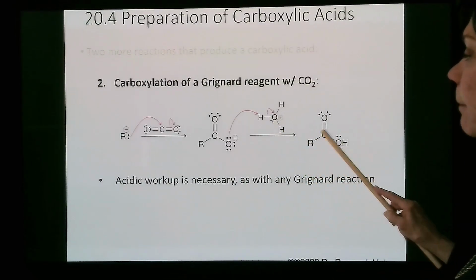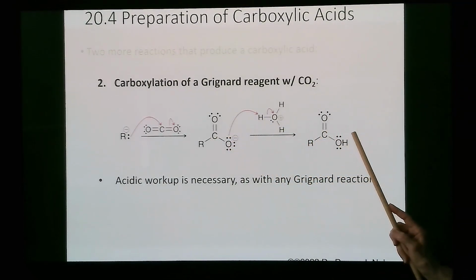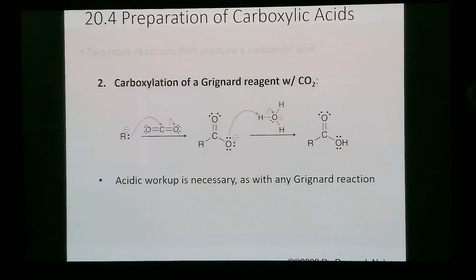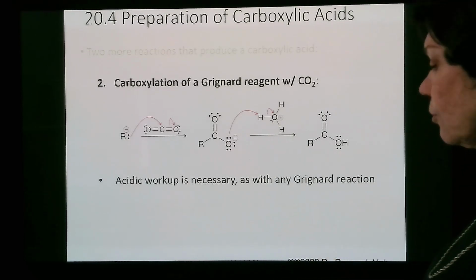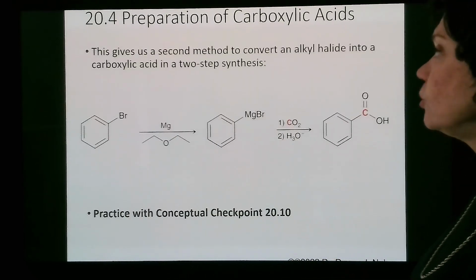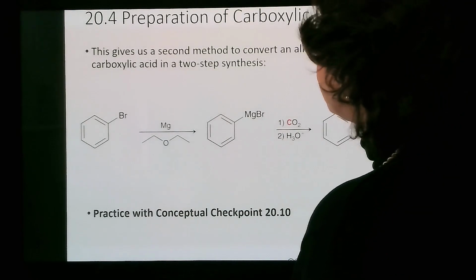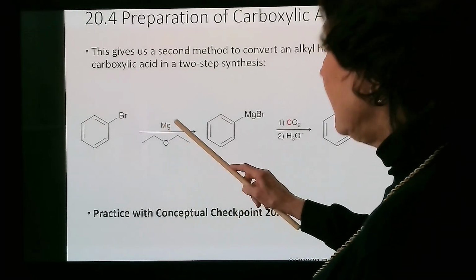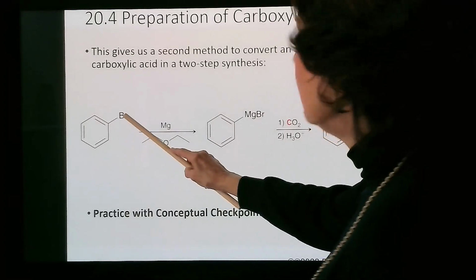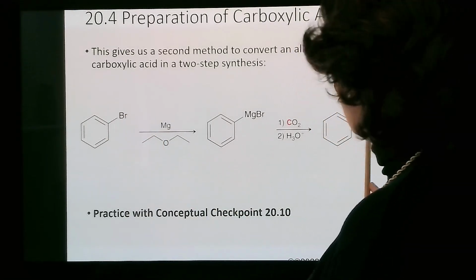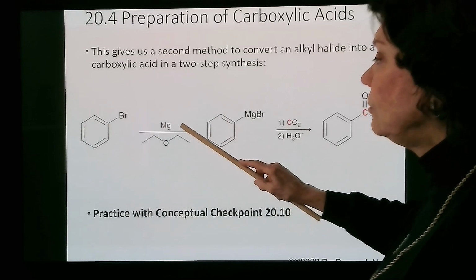This acid workup is necessary in order to neutralize the reaction, just as with any other Grignard reaction. So this is the second method to convert an alkyl halide to a carboxylic acid in 2 steps.